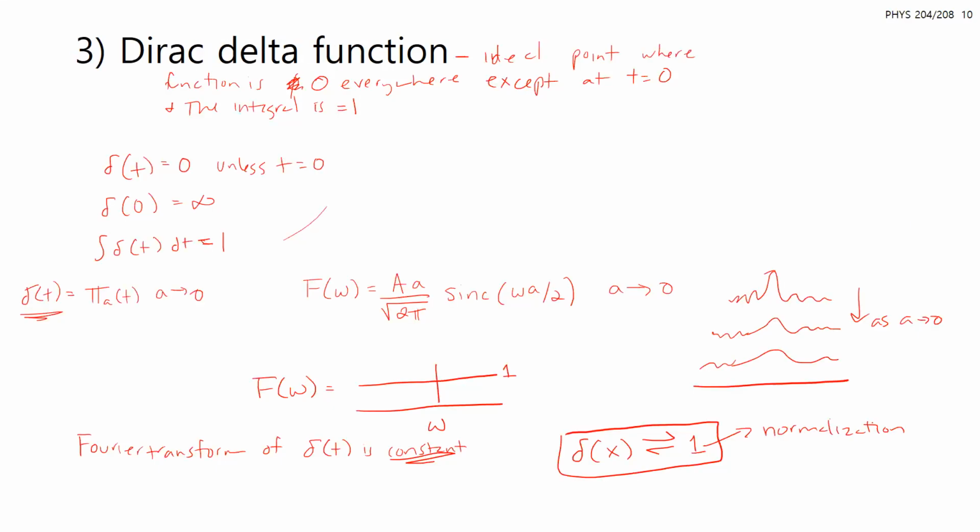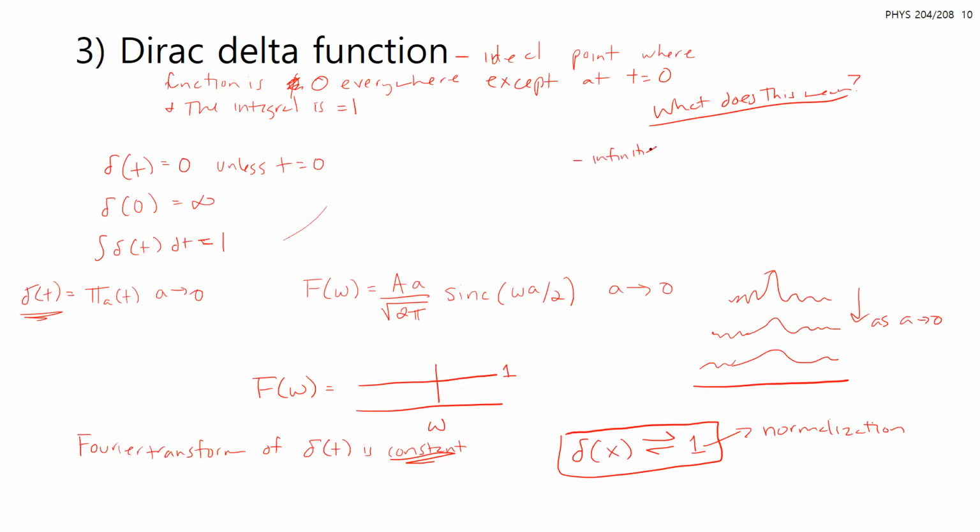So what does this mean conceptually, physically, whatever? It means the Dirac delta function is a limit of the sharpest function that you can produce.